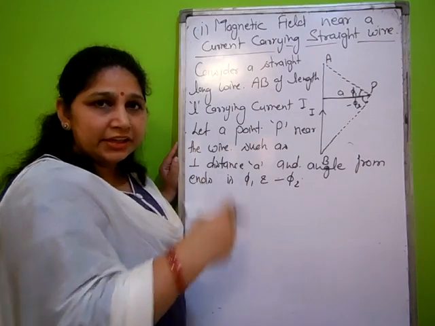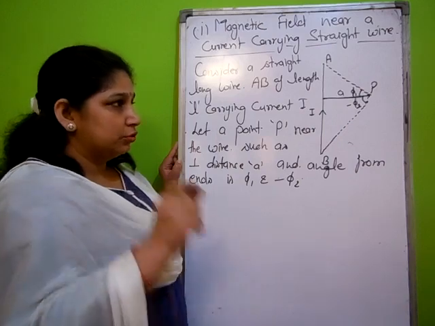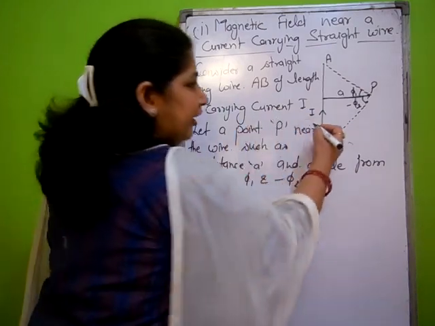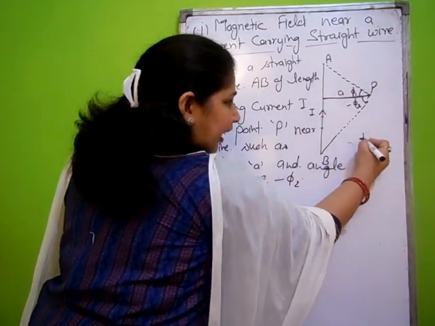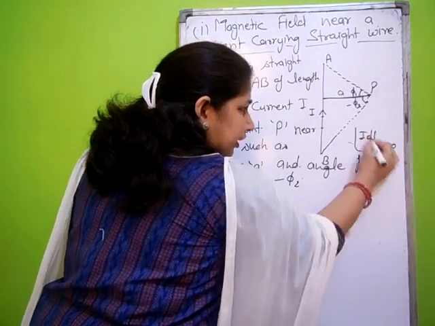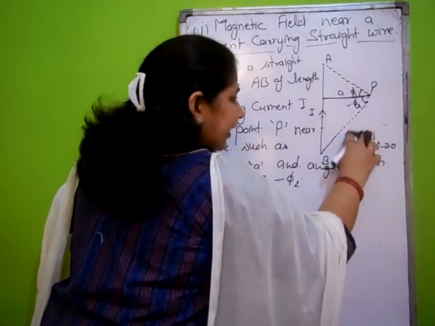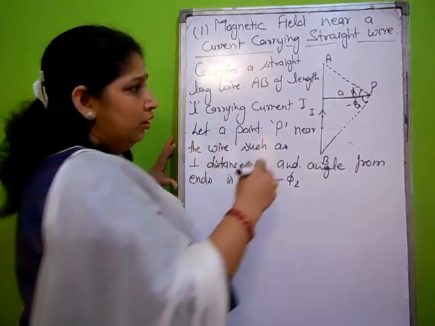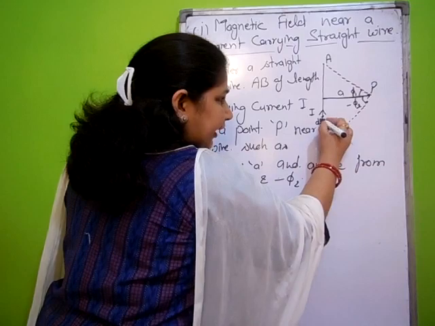Suppose we have a small current element; ideally dL tends to 0, it is very small, but for our convenience we will take it as shown on the board. Suppose this length is dL.